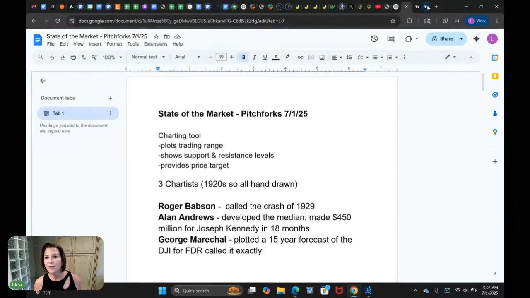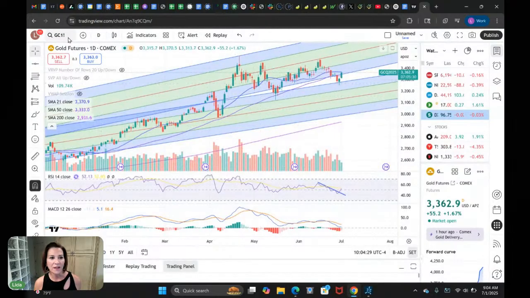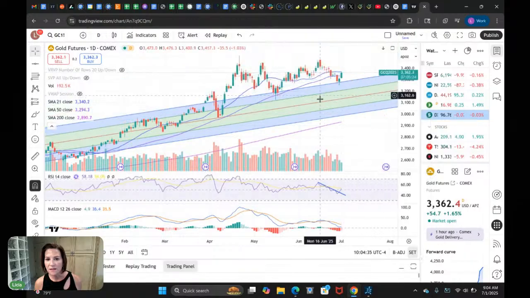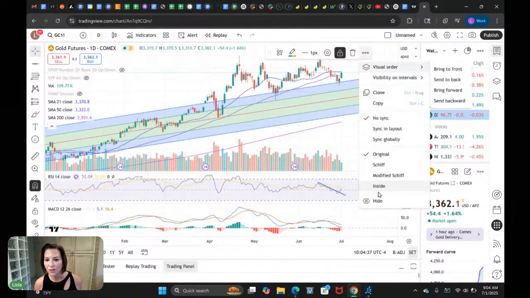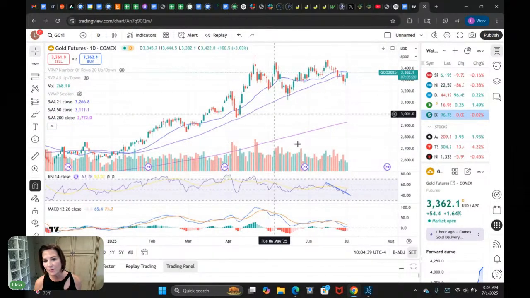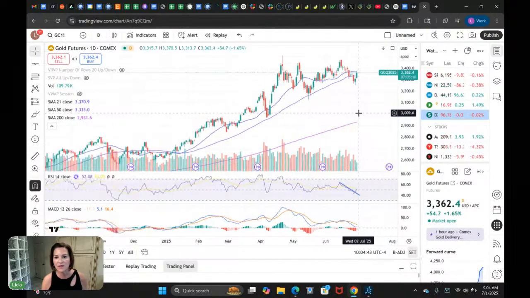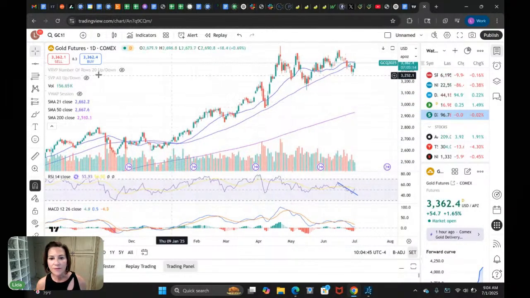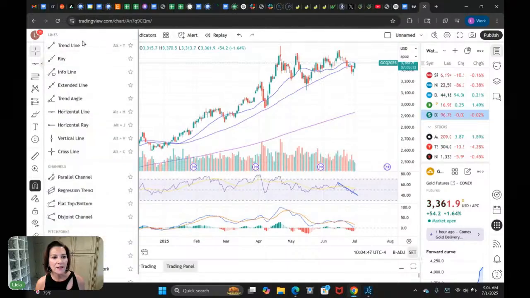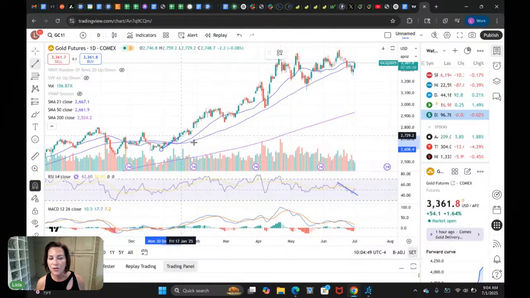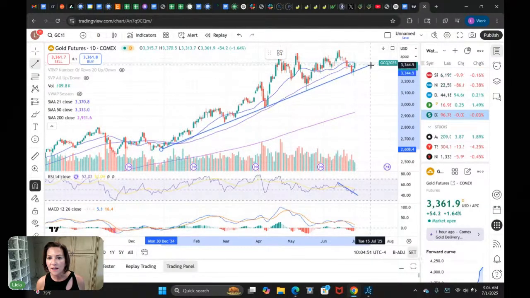Now you just pull up a chart, any old blank chart, you take away your pitchforks. I have my moving averages in there. Those are support and resistance levels. Always, as a chart analyst, add what you see. This is in an uptrend.